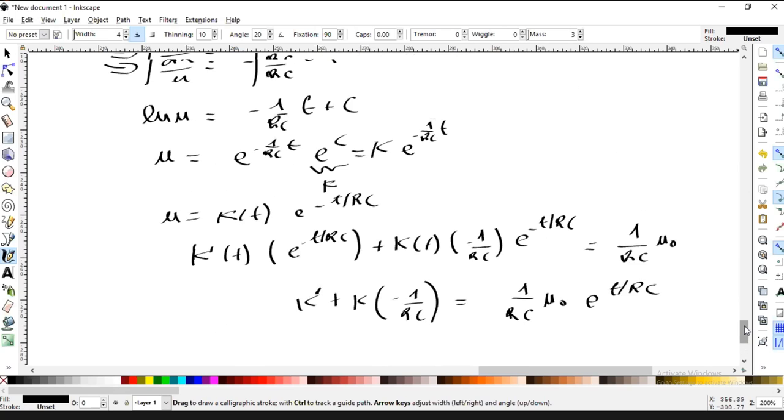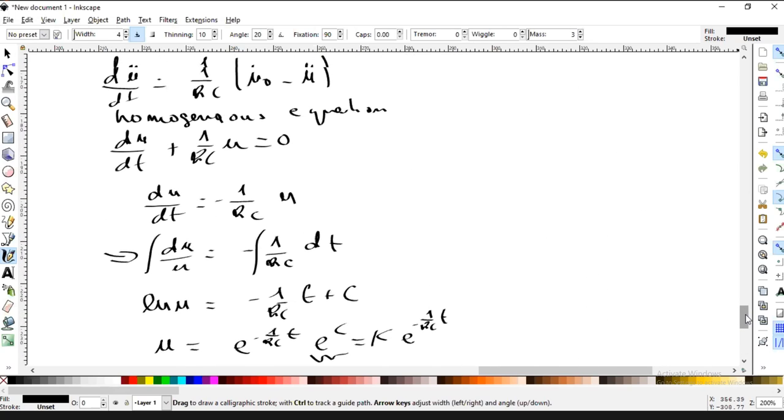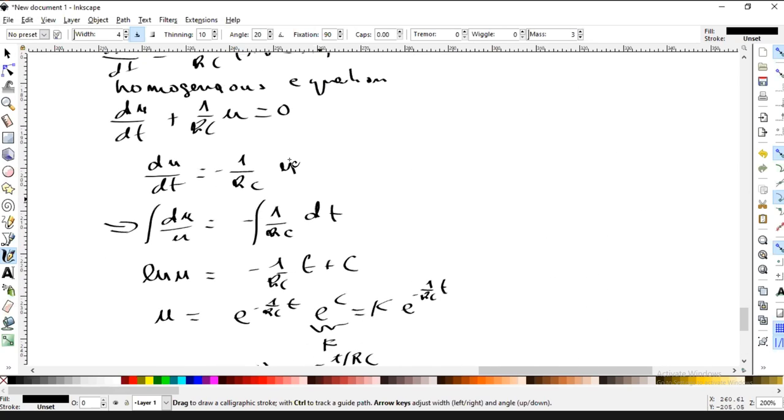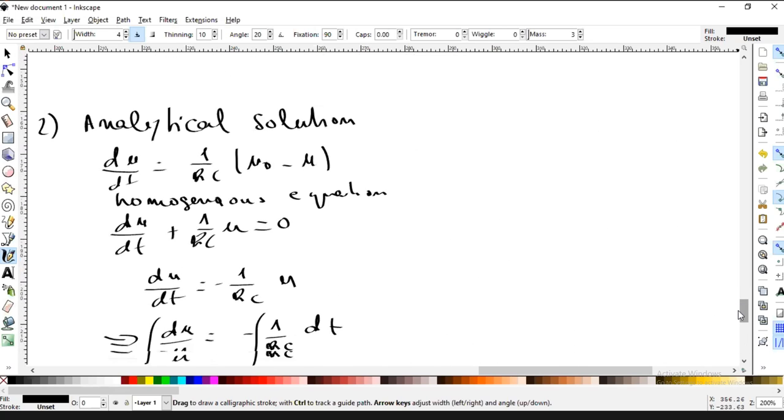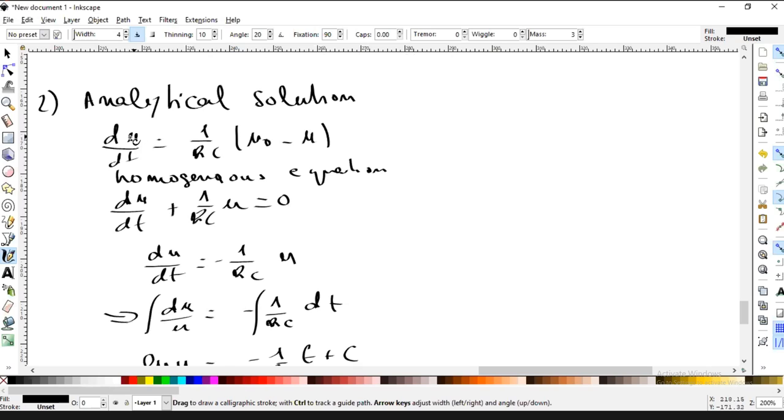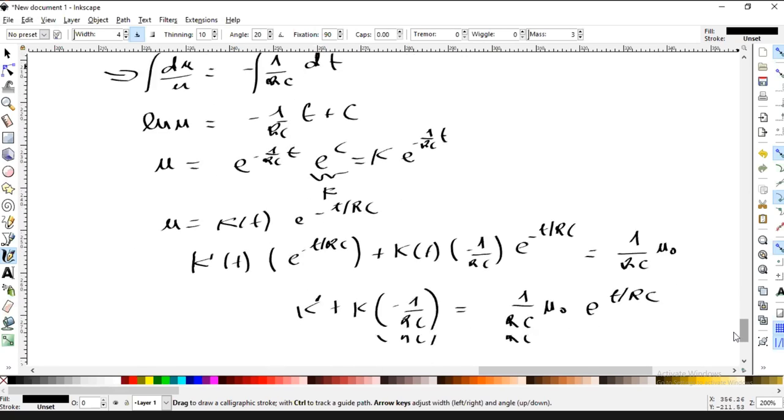Like here, a particular solution UP is a constant, okay? So if I take the particular solution here as a constant, then dUP over dt, the derivative of the constant, is 0, and the equation is 1 over RC times u0 minus u.